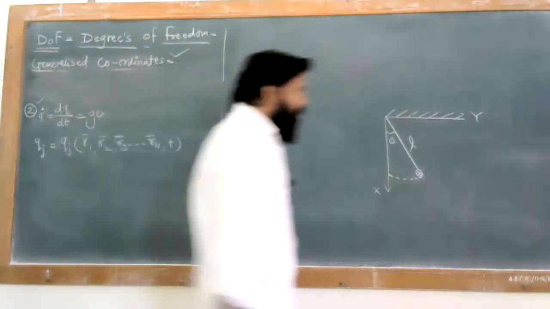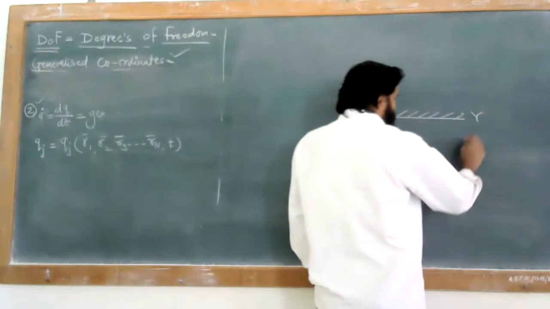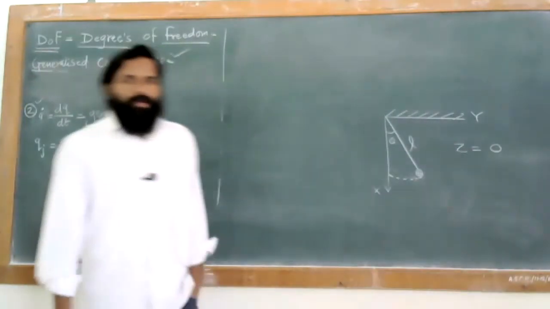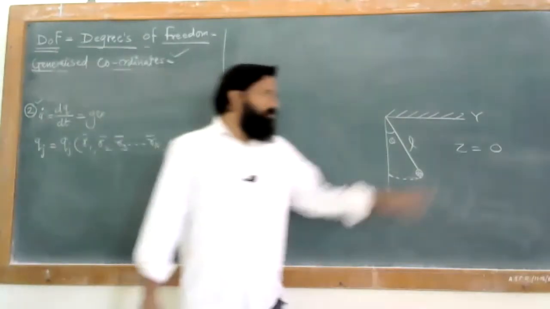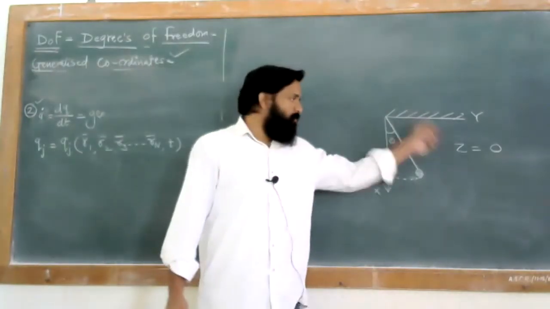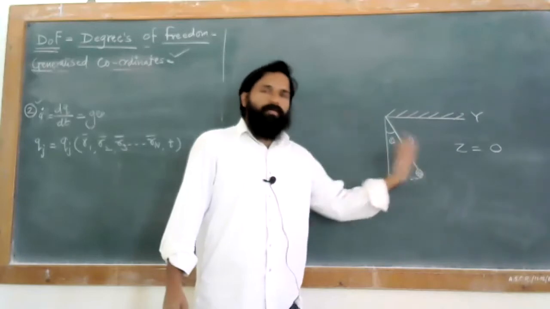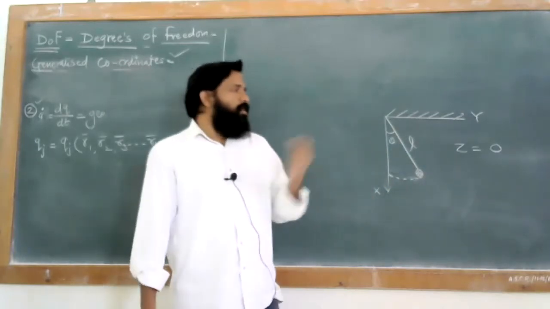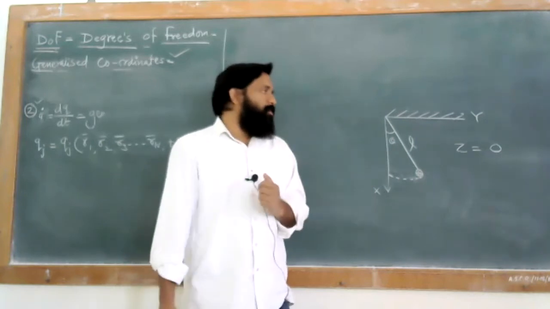So we'll have seen, the first constraint is that it cannot move along the z axis. So the simple pendulum can move only along the x and y axis, or in between that, in that plane. It cannot move in all 3 dimensional space.